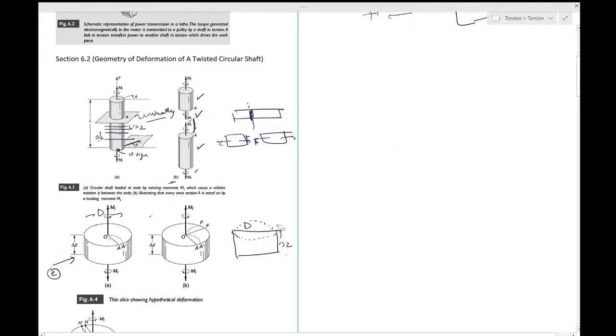I'm just taking the one which is dished in. Then symmetry would require that the other end do the same. In the sense, if this has bulged in, the other end should have also bulged in. And that is a problem.